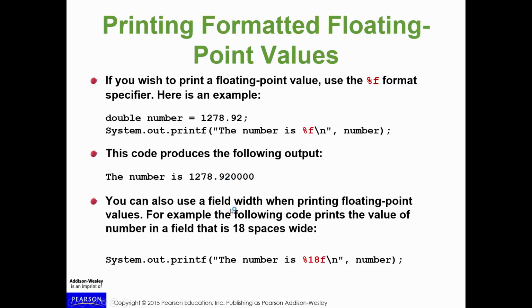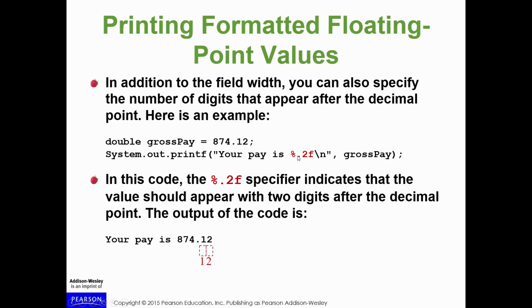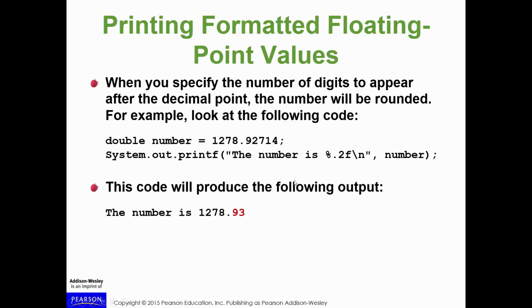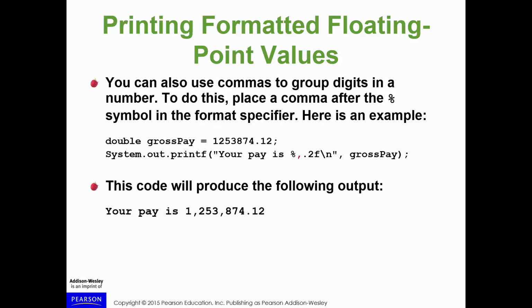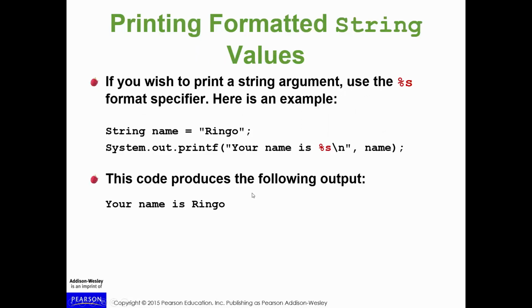If you don't want that, you can tell it how many you want. So %.2f would mean I only want 2 decimal places. And again, these are just examples of the same thing in here.